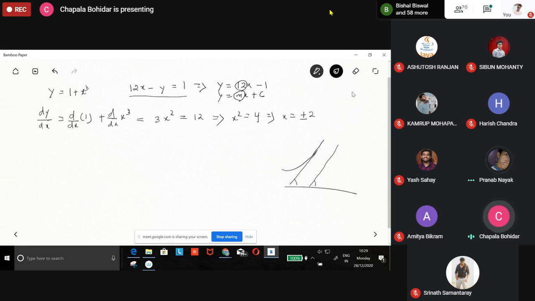So now, first to find the slope of the tangent to this curve, that is dy by dx. Ma'am, how did it become 12? I'm telling that one. y is equal to 1 plus x cube is the curve given. Whatever it may be, the curve is like this. Find the equation of both tangents. What is the question asking? Find the equation of both tangents to this curve which are parallel to this line.